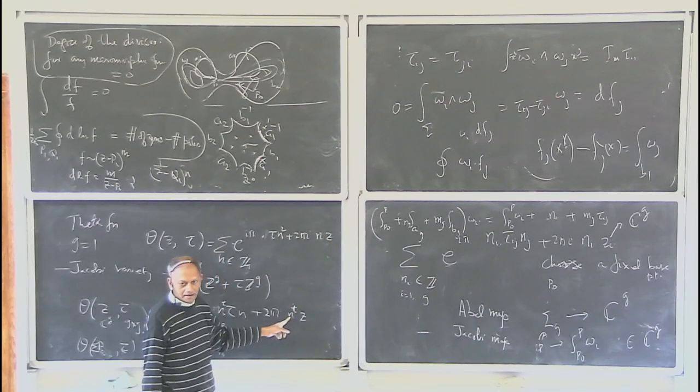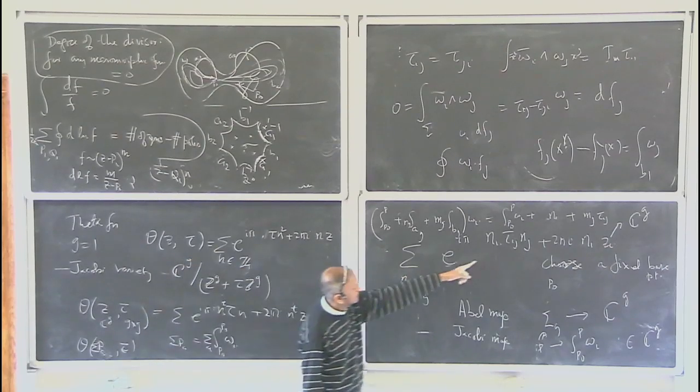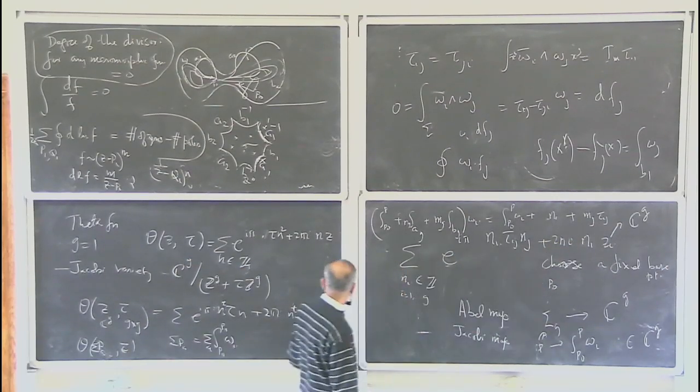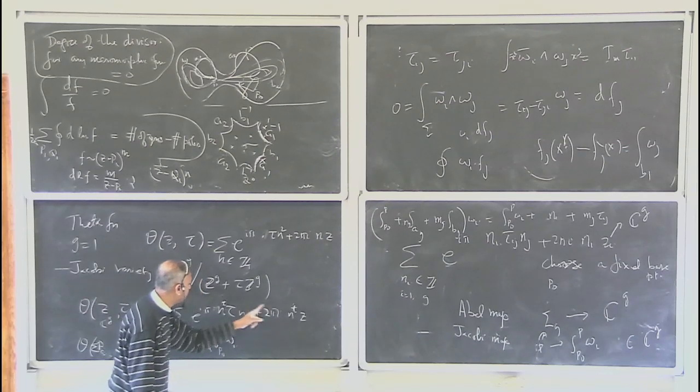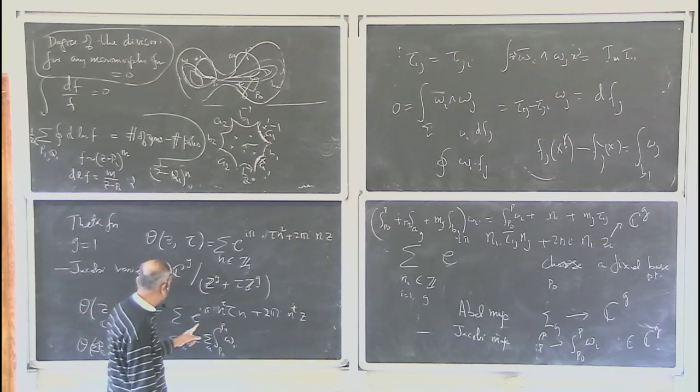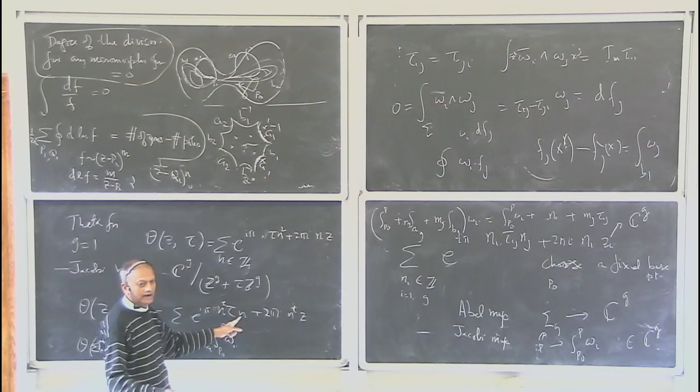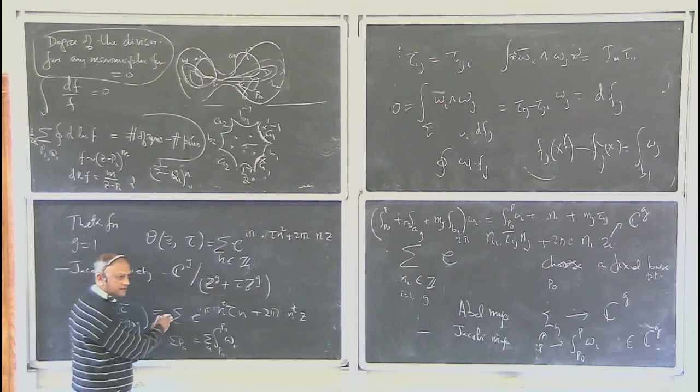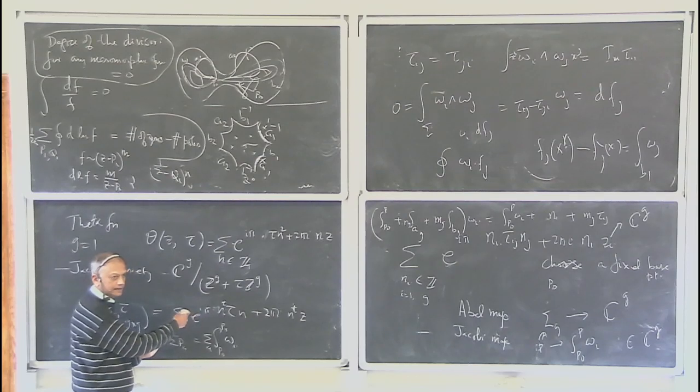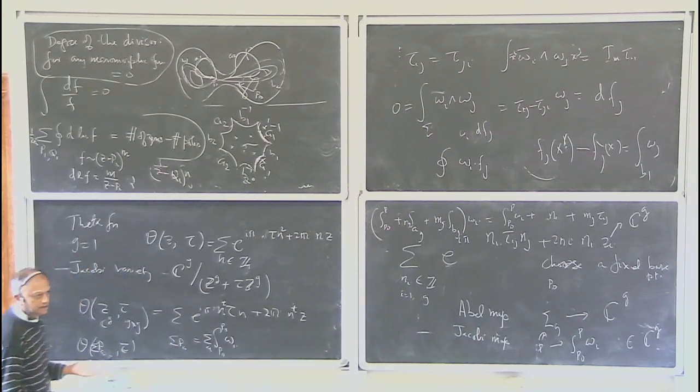When I shift by m times tau, you can redefine the sum, and the new sum will be over n plus m. So up to some overall phase factor, you get the same theta function. This is the quasi-periodicity of theta functions, which means this is a good object on the Jacobi variety, up to some overall phases.